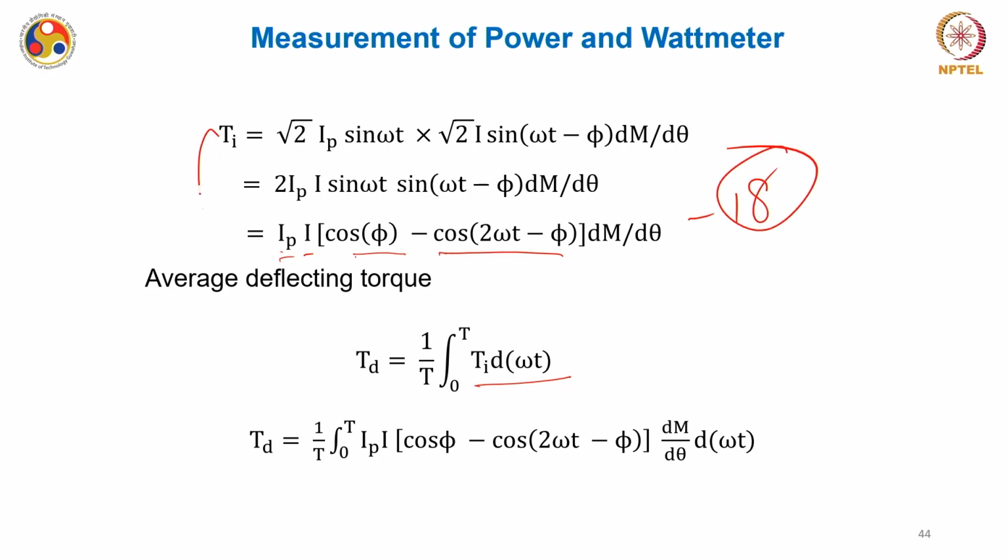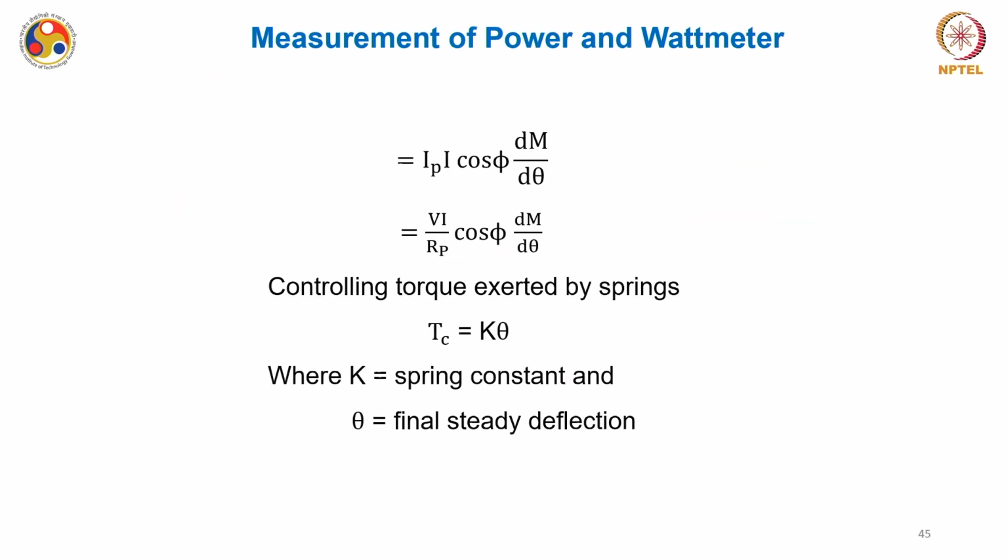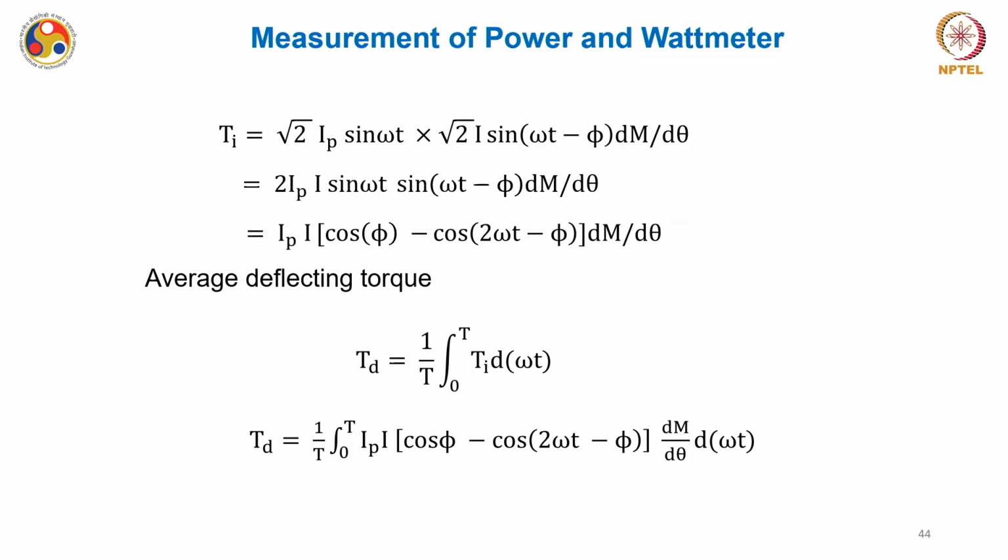So Td can be given as the integration of this value from 0 to T over 1 by T. This Td value is 1 by T into integral from 0 to T of Ip into I, cos phi minus cos of 2 omega t minus phi, into dM by d theta into d omega t, and this equates to Ip into I cos phi into dM by d theta, or V I by Rp into cos phi dM by d theta. This is equation 19.